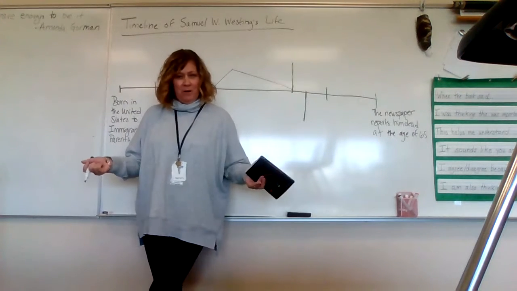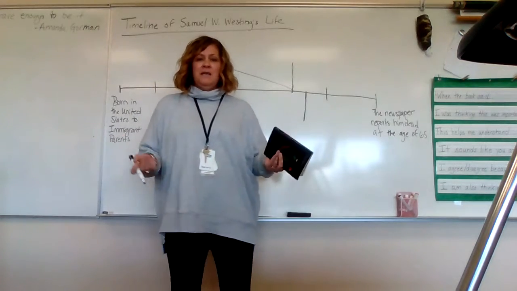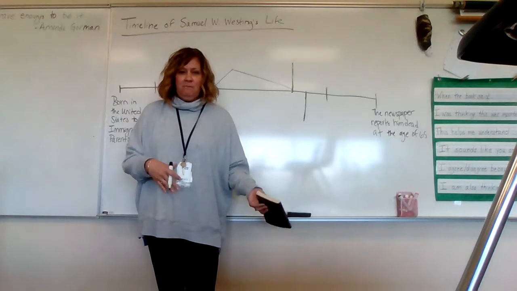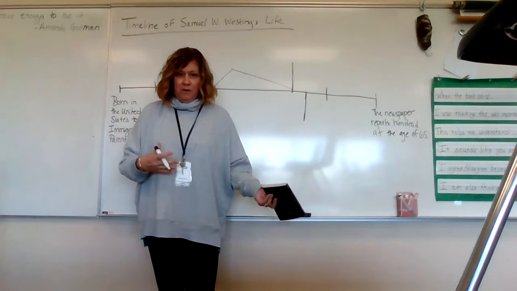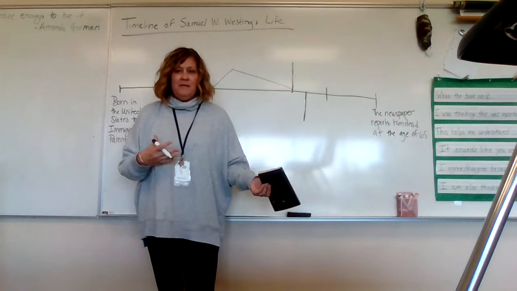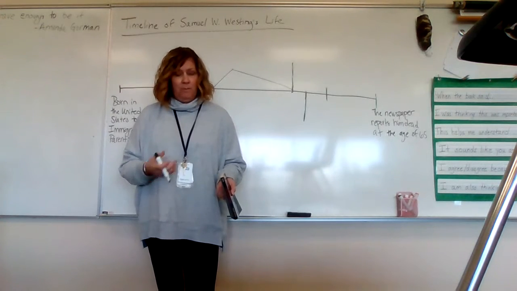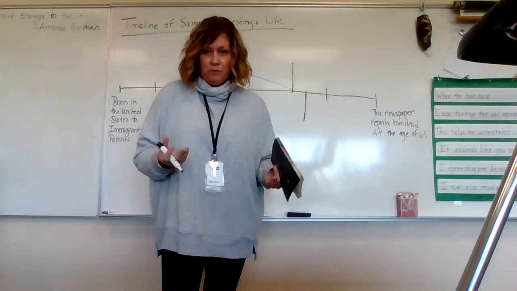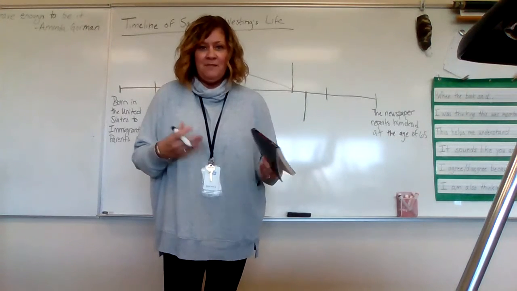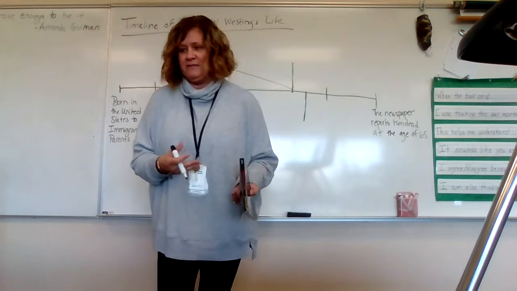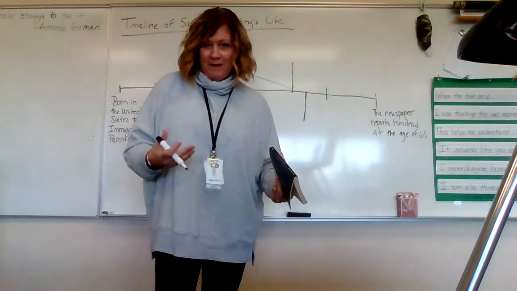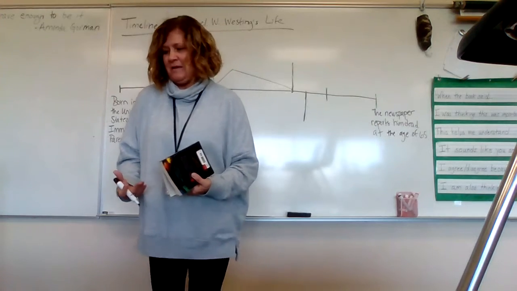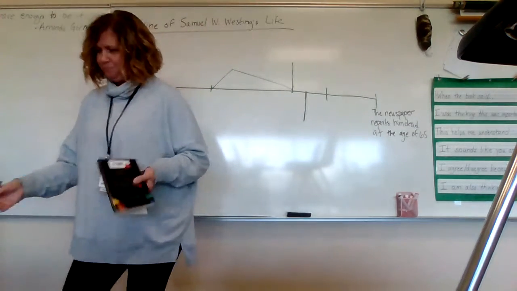Now, normally when we're in class, you guys talk with your partners, and then you give me some of your ideas for the important events that we're reading about in the book. Today, I'm just going to go ahead and give you the important events that I think you should have on this timeline so that we're all ready to move on to the next piece of information that we need tomorrow, okay?